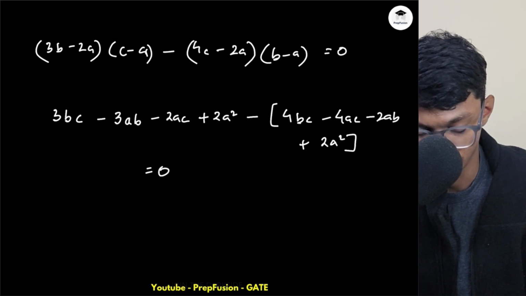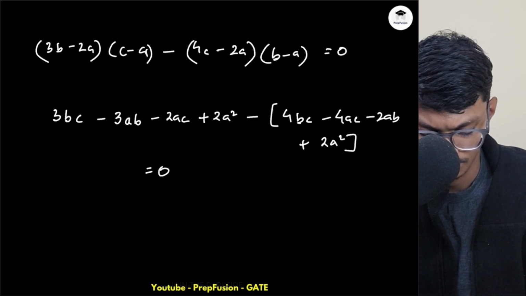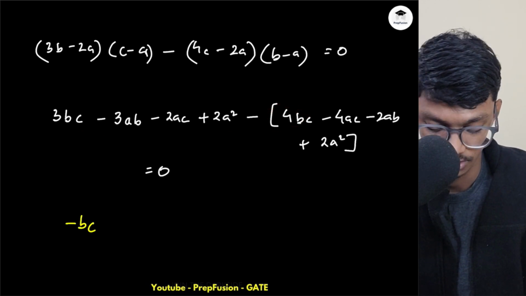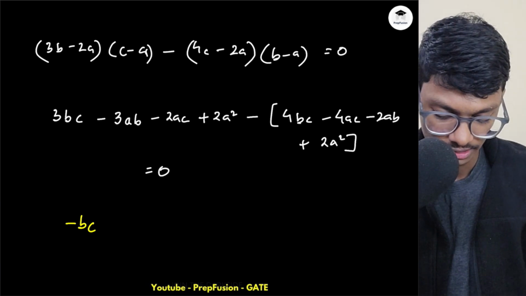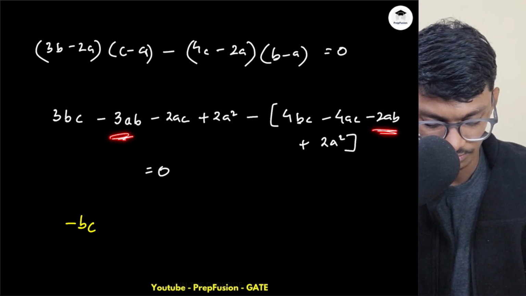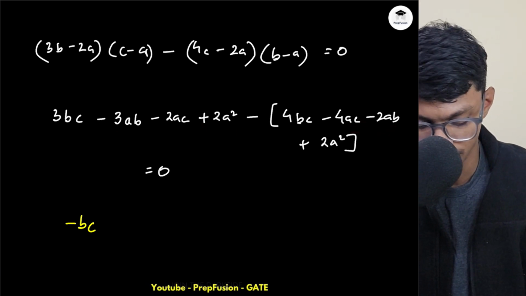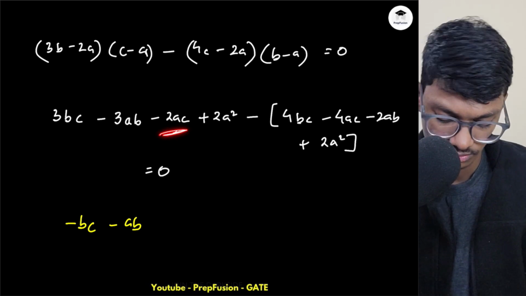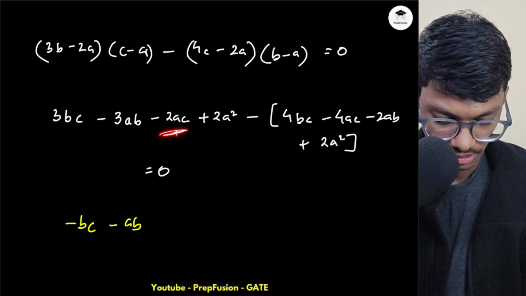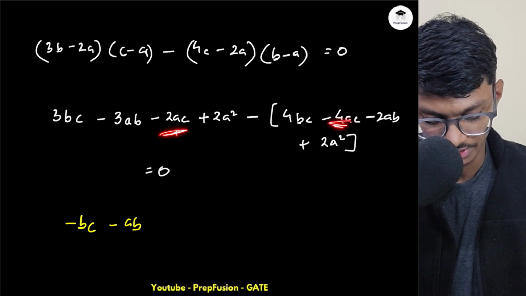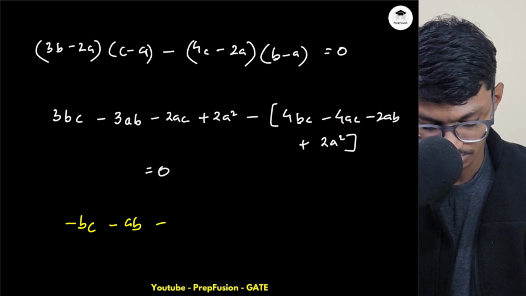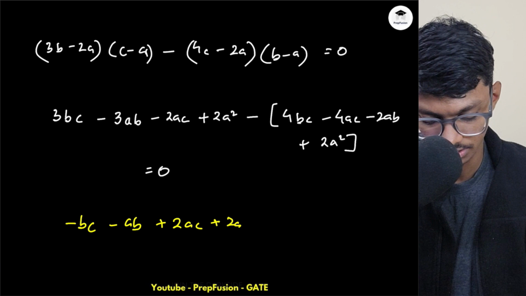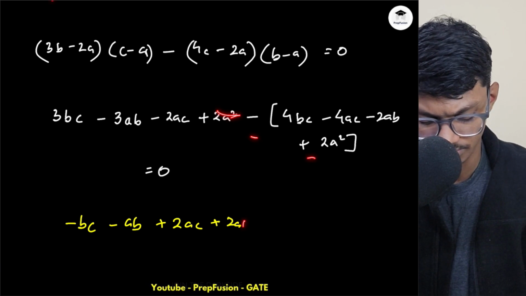So 3BC and minus 4BC, overall this becomes minus BC. And this is minus 3AB and minus 2AB... this becomes minus 3AB plus 2AB, so this is minus AB. And this is minus 2AC and plus 4AC, so this becomes plus 2AC. And this is plus 2A square, and this is minus 2A square, so this becomes 0.